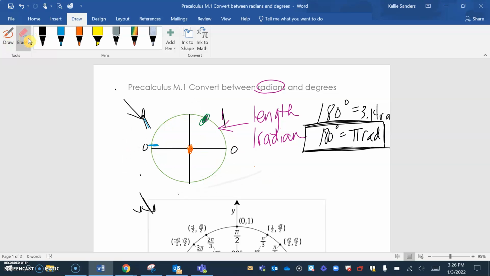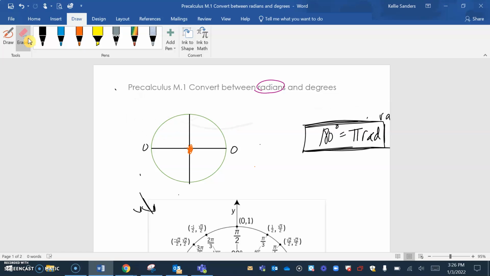Lots of stuff to talk about. And erase everything except for that part of it. So if this is at 0, this is at 180, 90, and 270.